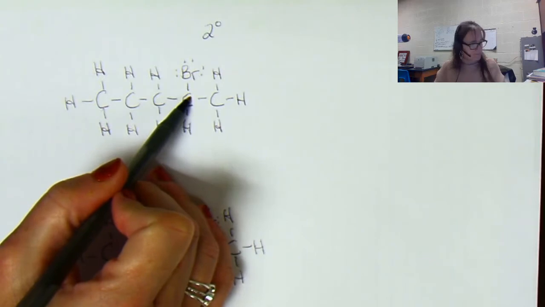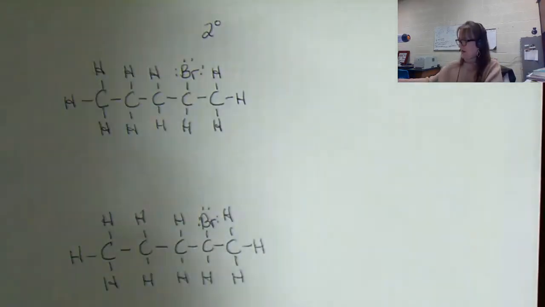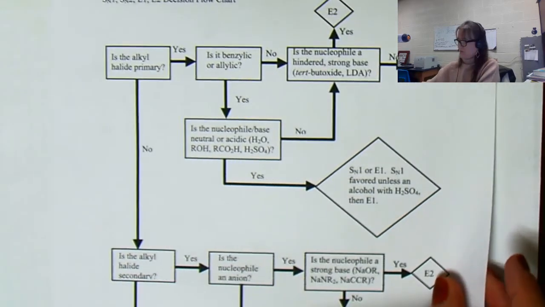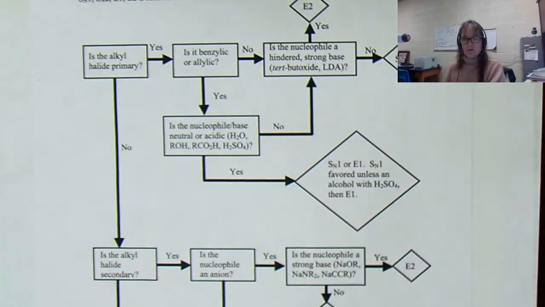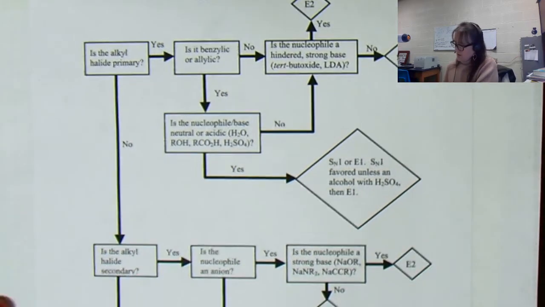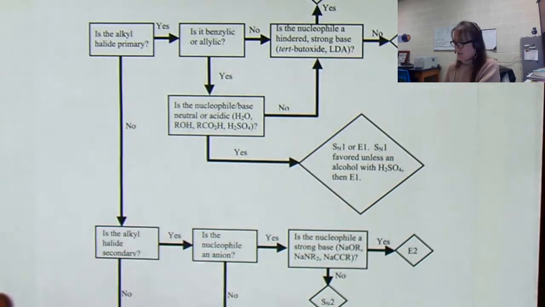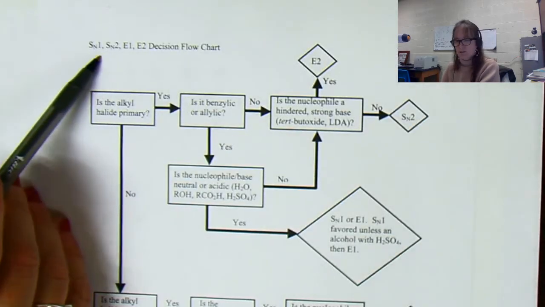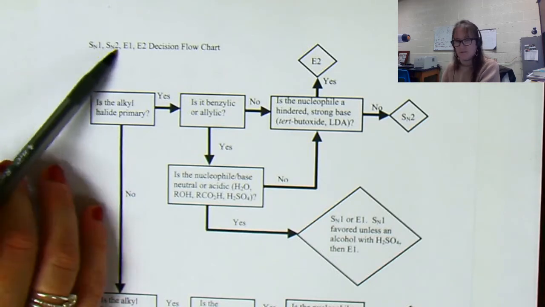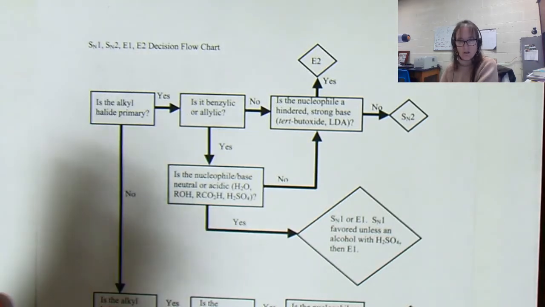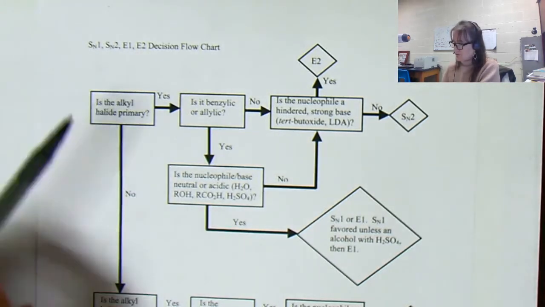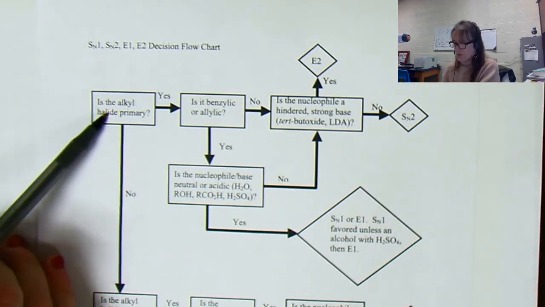And so I have got a resource here, and this is available on Moodle. And so this is a flow chart, and it allows us to figure out specific situations that can get kind of complicated. So our first reaction was a primary alkyl halide.